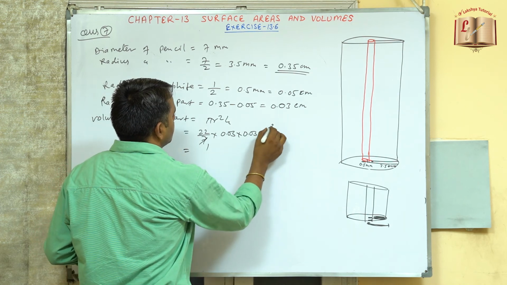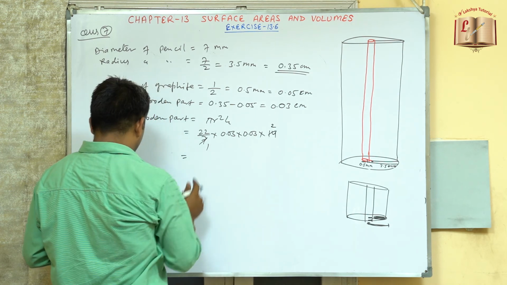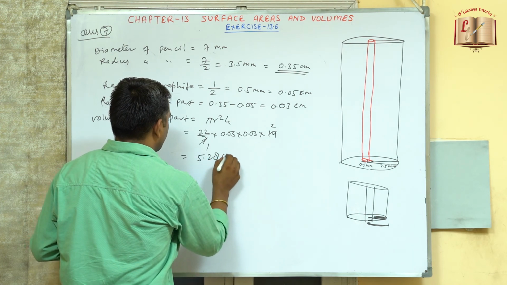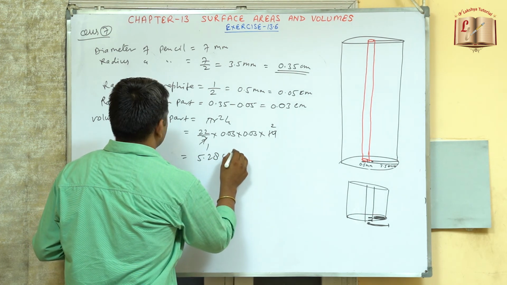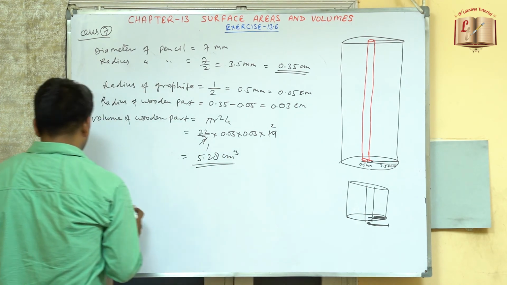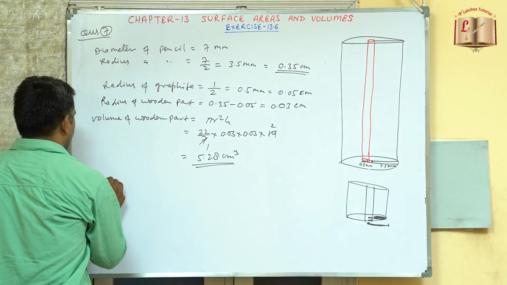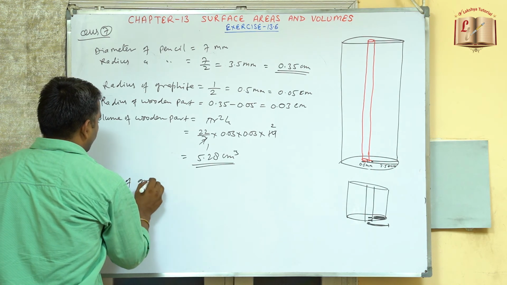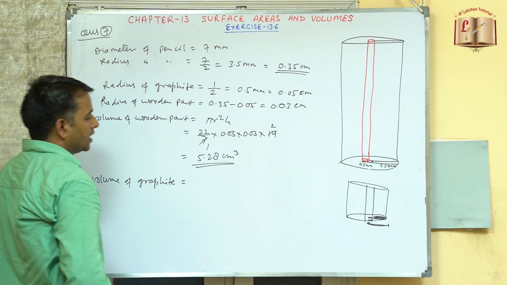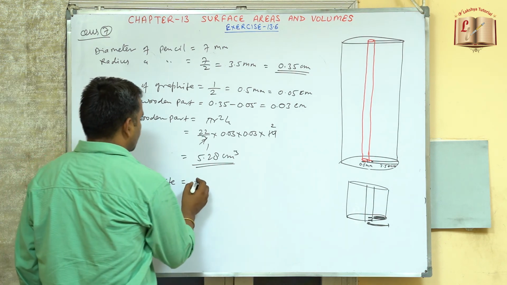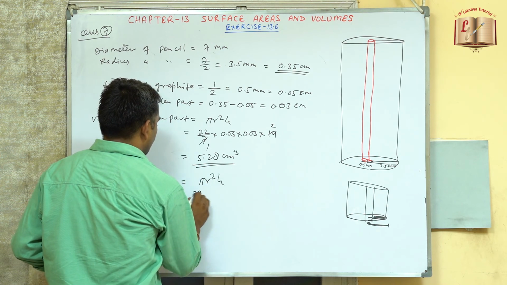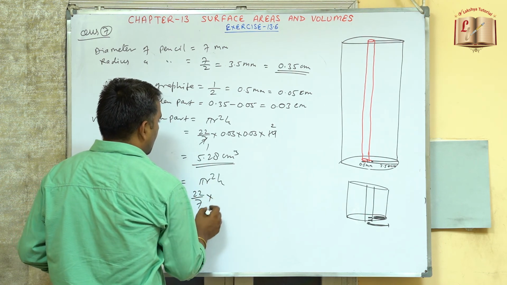This is 1 time, this is 2 times. So on multiplication we got 5.28 centimeter cube. This is now the volume of the wooden part. Similarly we will find the volume of graphite. Volume of the graphite will be equal to pi r square h, so 22 by 7 into r square.